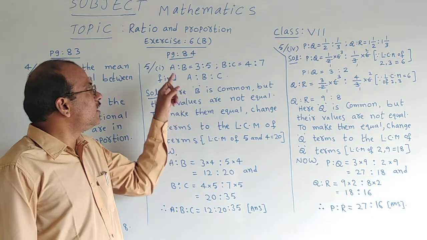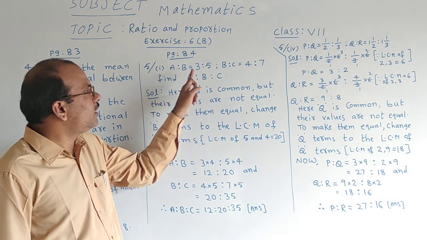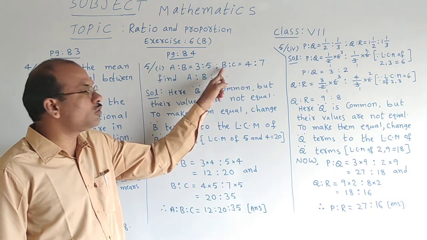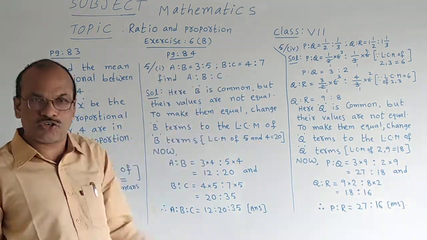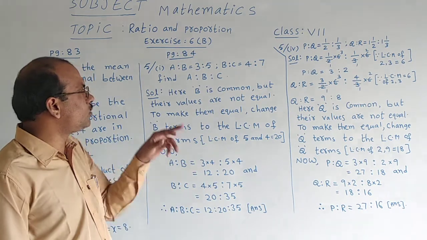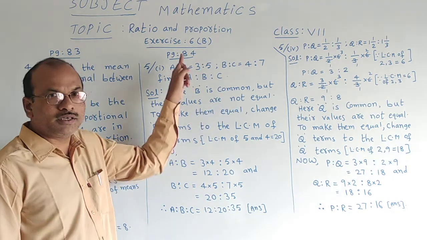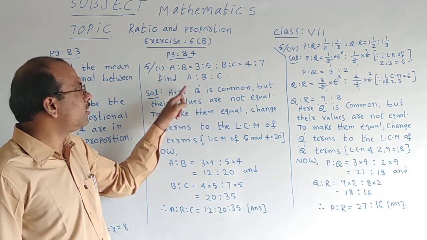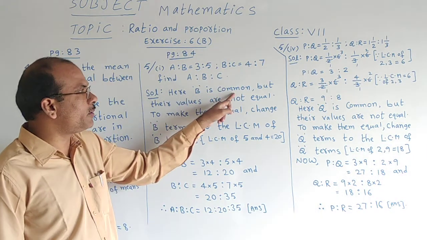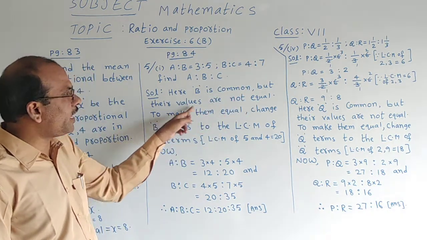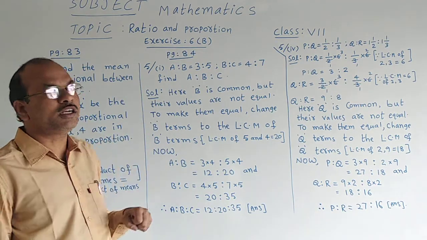The thing is, here in the A is to B, B is appearing, and in B is to C, also B is appearing. B is commonly appearing in both the ratios. Am I correct? That only I have written. Here B is common, but their values are not equal.